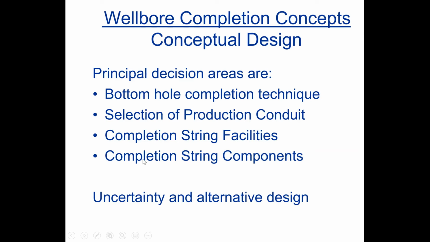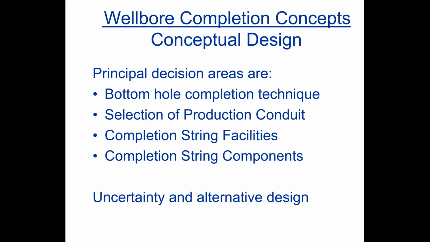And then this one is component. What component do we put there? Because for each activity, there are different components. For example, if you want to kill the well, there are various options. We can have a sliding side door.